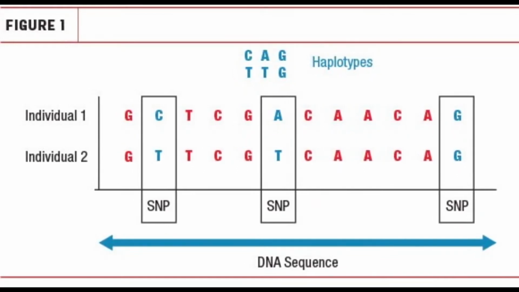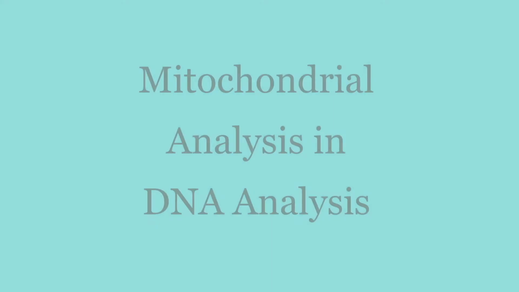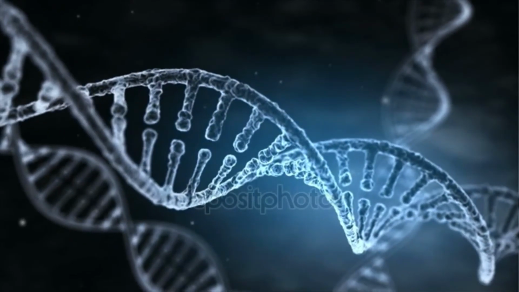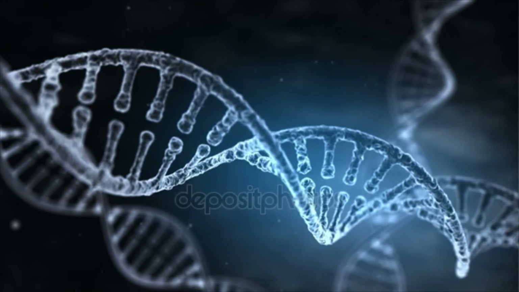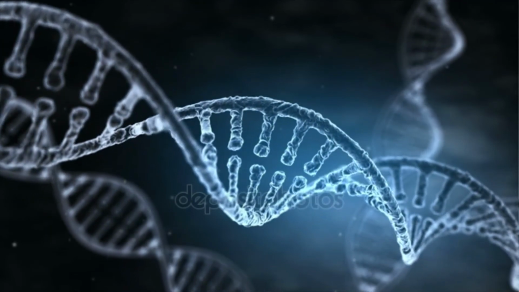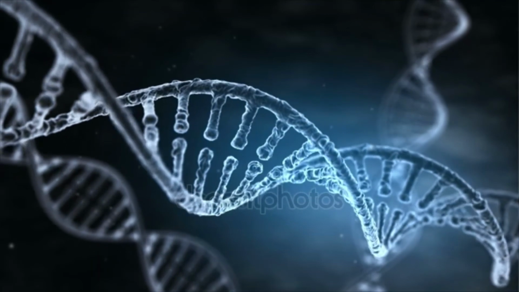Another method that is used in forensic DNA analysis is mitochondrial DNA analysis. Since there are two kinds of DNA within our cell, one being within the nucleus and the other within the mitochondria, it can be used specifically for this type of DNA analysis.